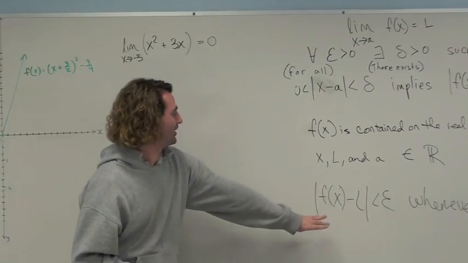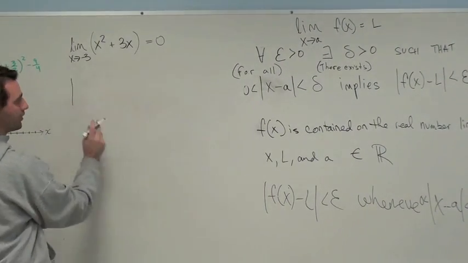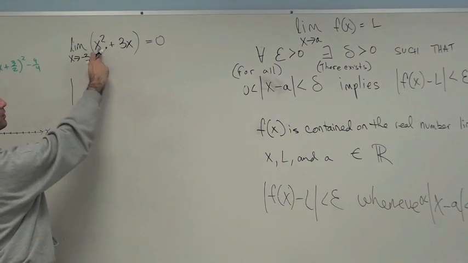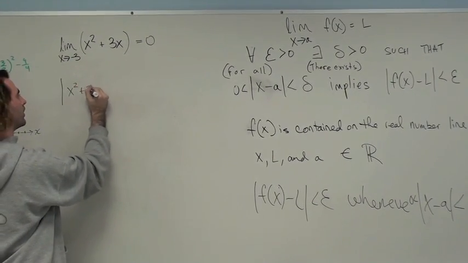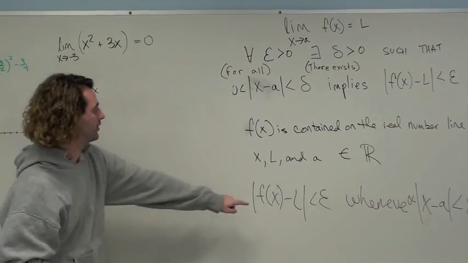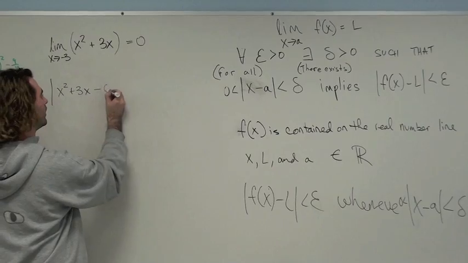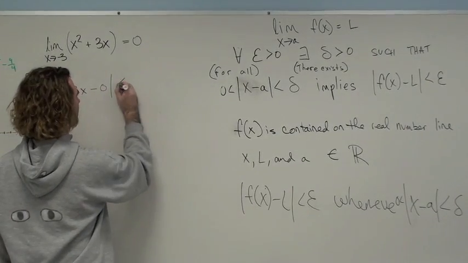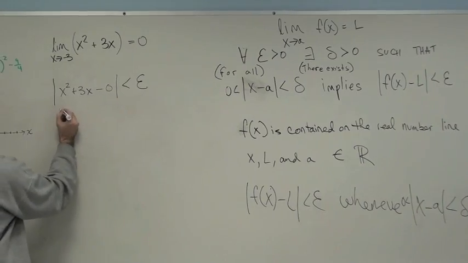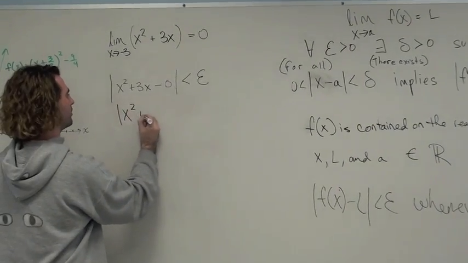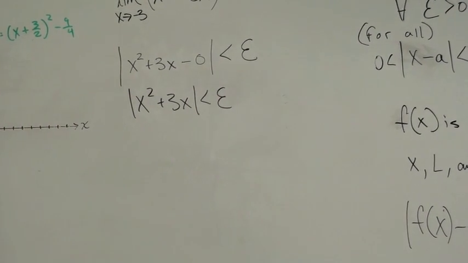So we're going to start with this piece here, and so it's the absolute value of f of x. f of x in this case is going to be x squared plus 3x minus L, or limit. In this case it's going to be 0. And that's going to be less than our epsilon. Now this simplifies to the absolute value of x squared plus 3x being less than epsilon.